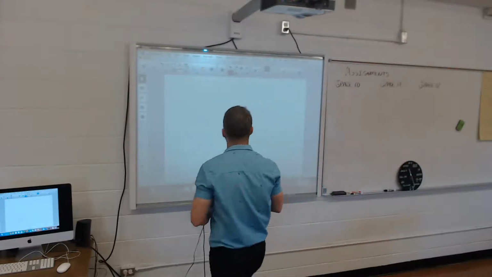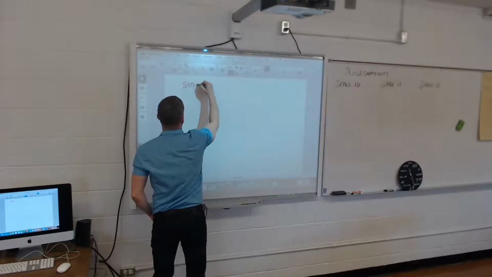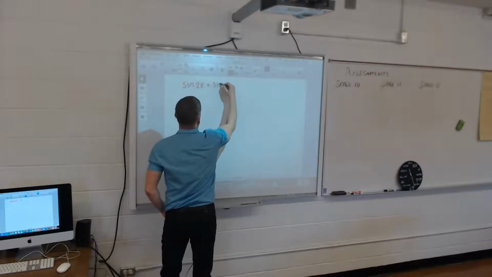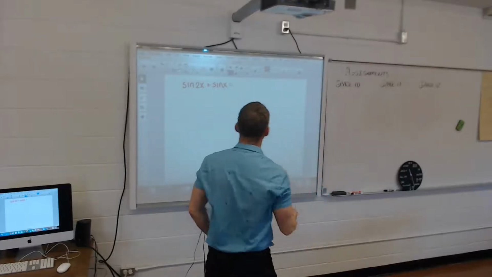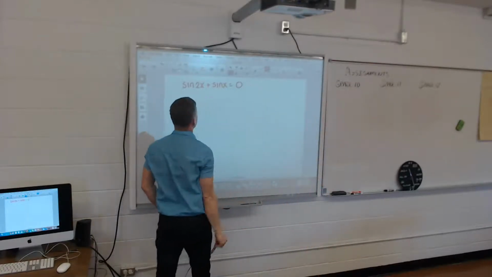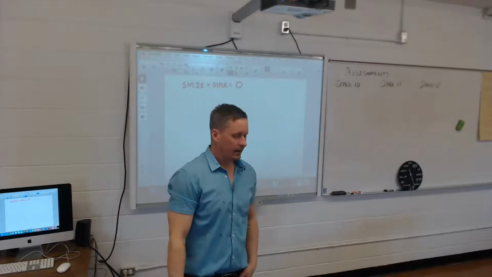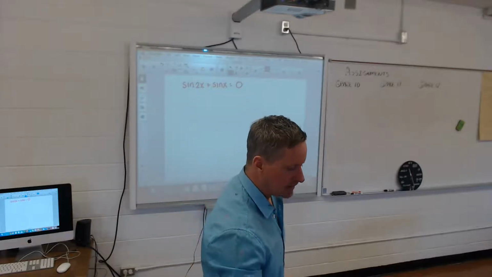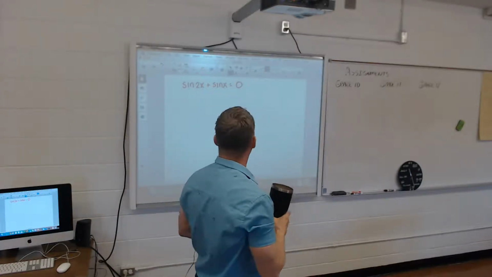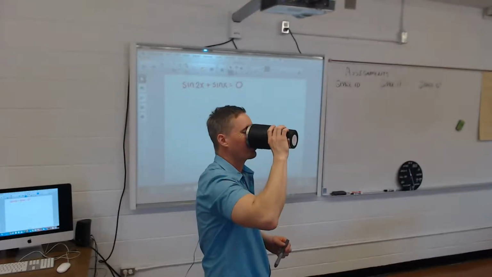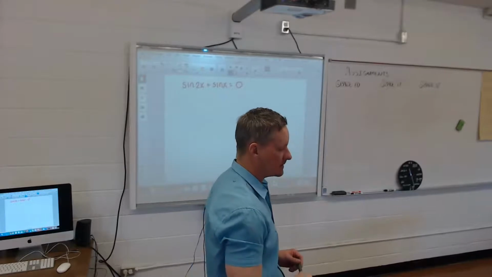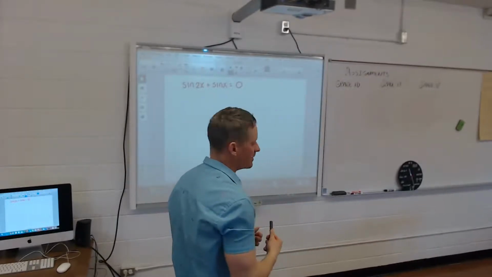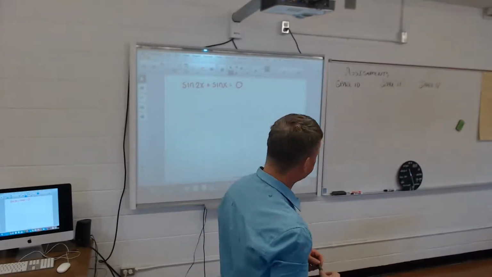I've got sine 2x plus sine x is equal to 0. Now, the first thing that we need to notice is that our two angles are not the same. So we have to get them to the same. So now I'm going to look at my identity sheet.